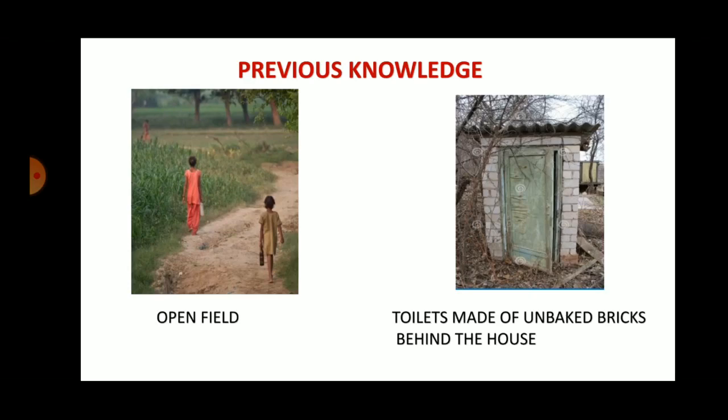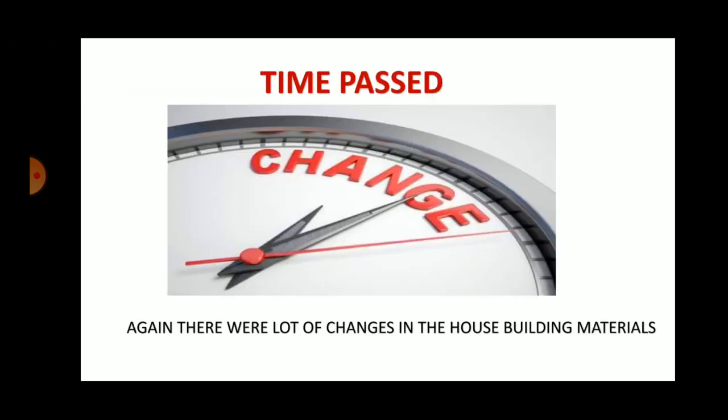People used to go to open fields for toilet. Only few houses had toilets made of unbaked bricks, but they were behind the house. Time passed. Again, there were lot of changes in the house building materials and type of houses.